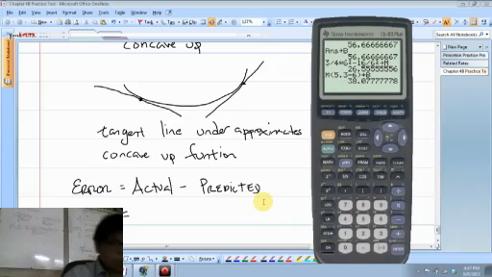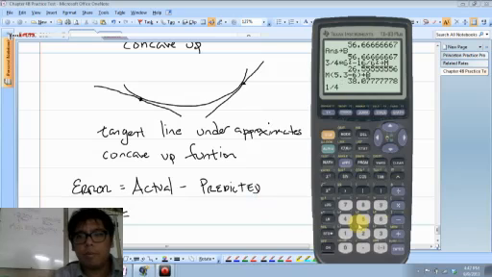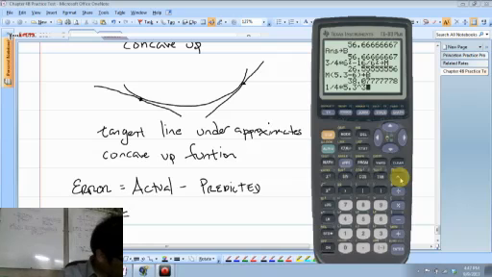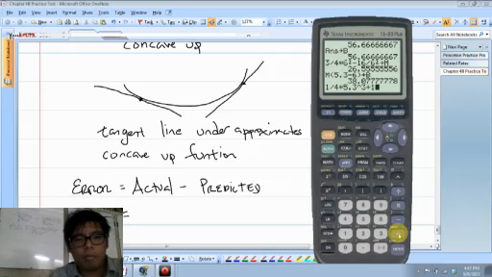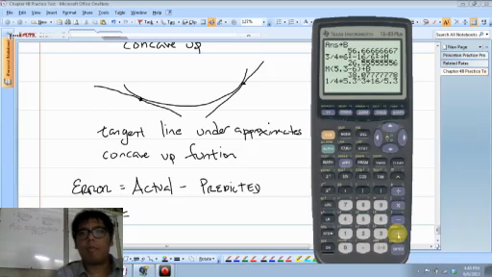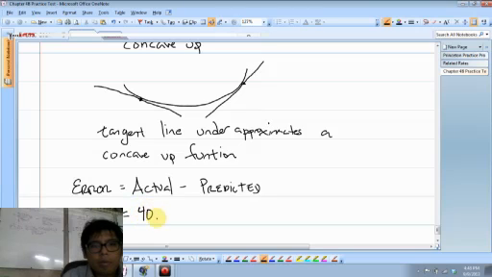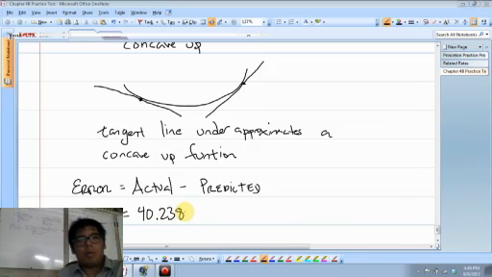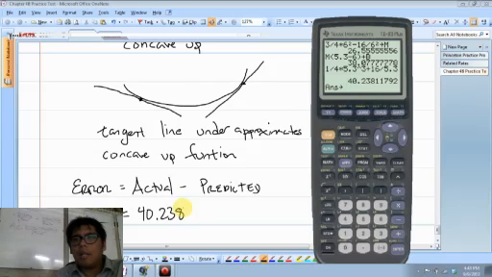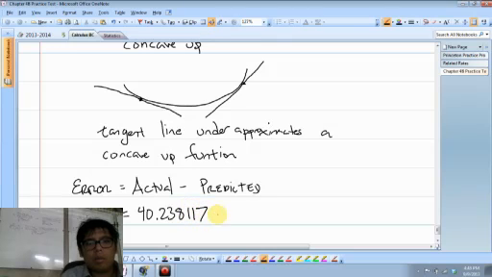The actual value is 1/4 of 5.3 cubed plus 16 over 5.3, 40.238. minus my predicted value. My predicted value was 38.077.